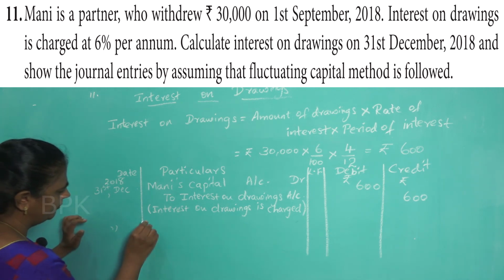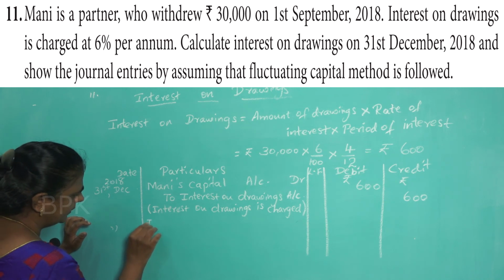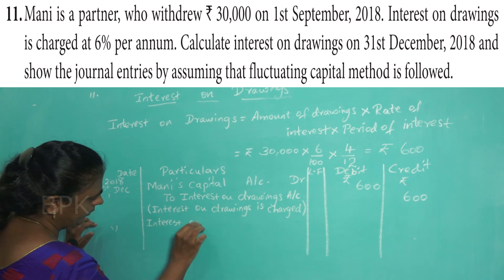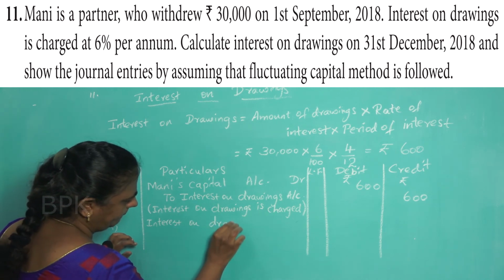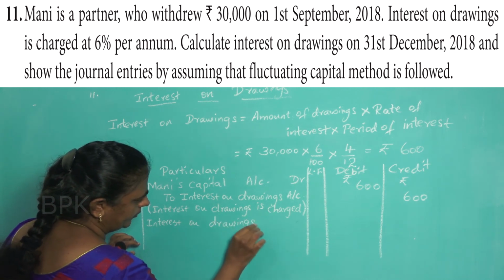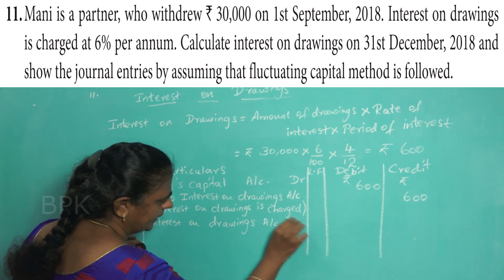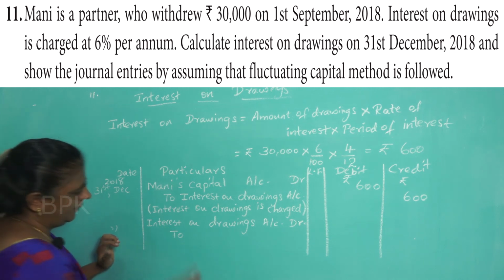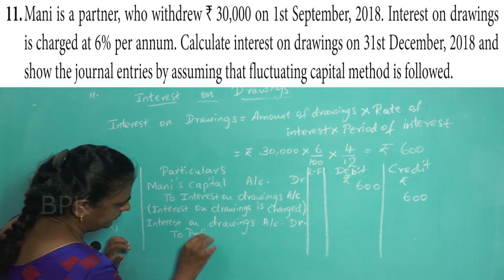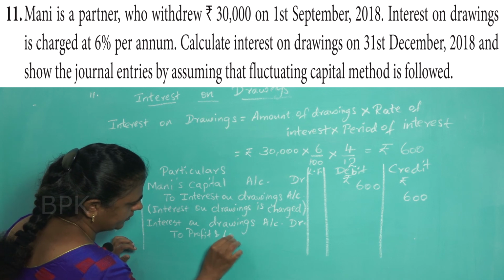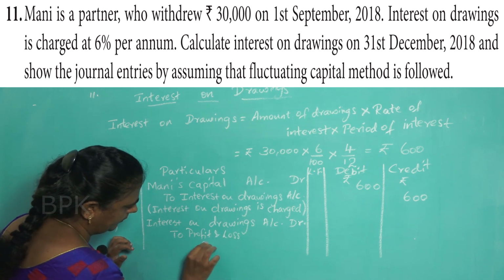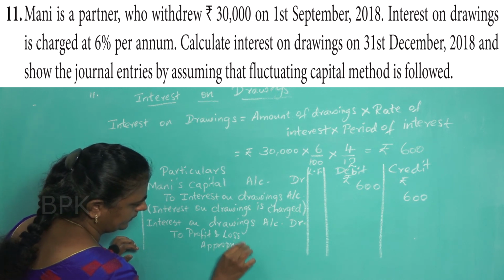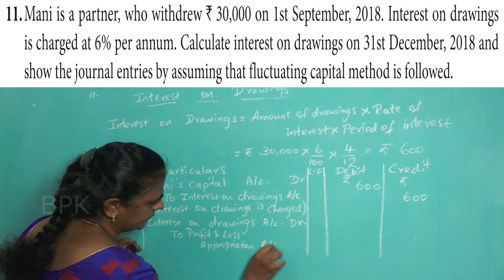So here you write interest on drawings account debtor to profit and loss appropriation account.